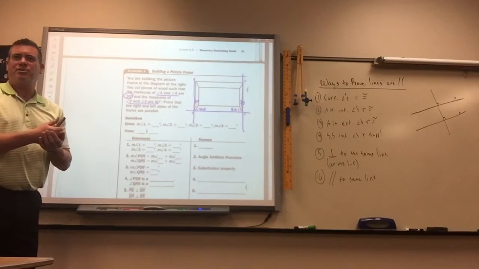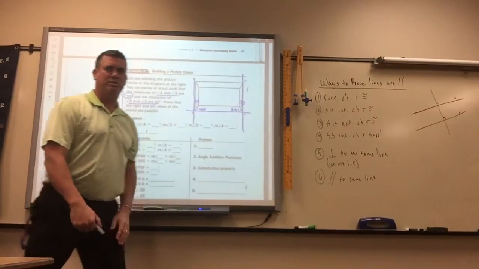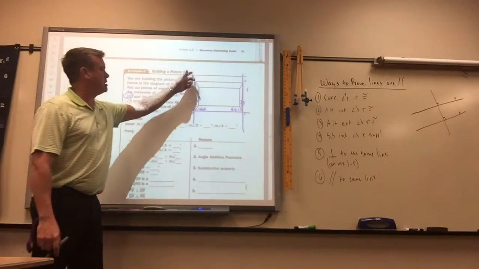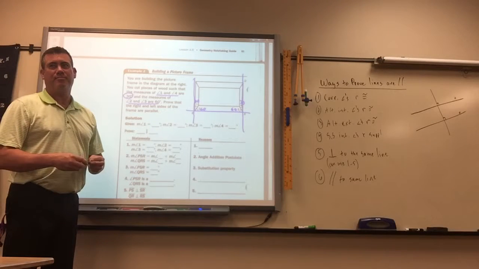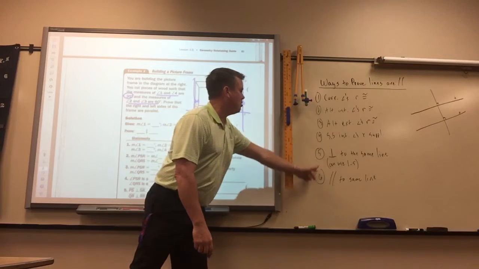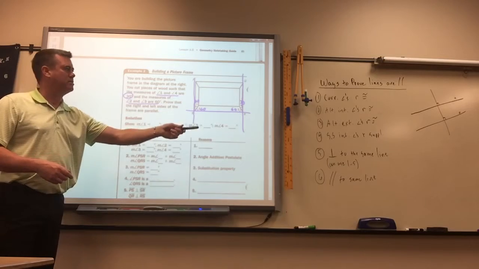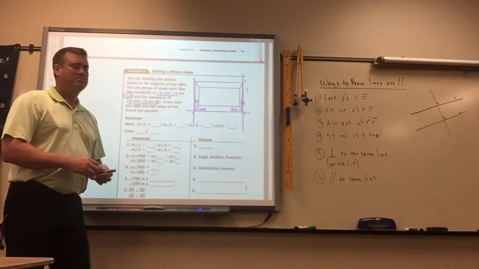So when they ask you, how can you prove lines are parallel, you just give which one of these reasons. So in this picture, why do you know that the sides are parallel? Because of the angle. Remember, when they ask you how you can prove it, you give one of the reasons. Which one of those reasons proves that this picture, the sides are parallel?